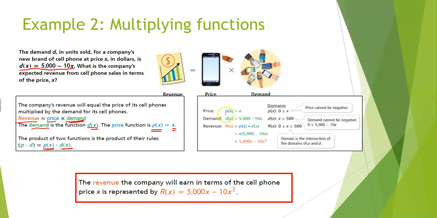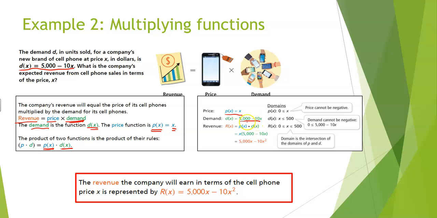All right, so my price is P of X, and I know that X has to be greater than or equal to 0. Even 0 doesn't make a whole lot of sense, but we know it can't be negative. We can't sell it for a negative amount. Now the demand is 5,000 minus 10x.